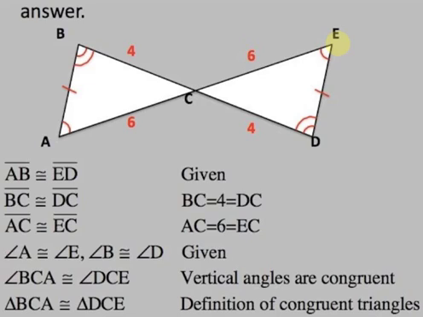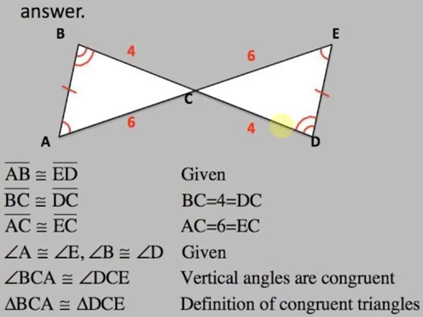So let's first look at segment AB, which is congruent to segment ED. We know that because it is given by these congruent markings right here. We also know that segment BC is congruent to segment DC. We know that because it's given here as well that the distance from B to C equals 4.